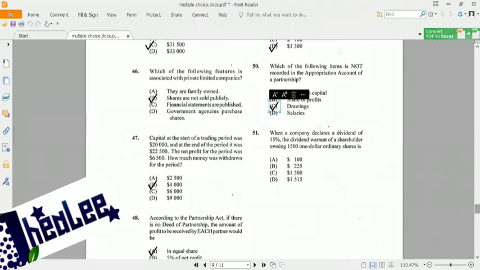What would be the response? $225. And how did you get that? I find the 15% of the 1,500. So the person has 1,500 shares and you're giving them a dividend for the number of shares that they have. It will be the percentage of the number of shares.